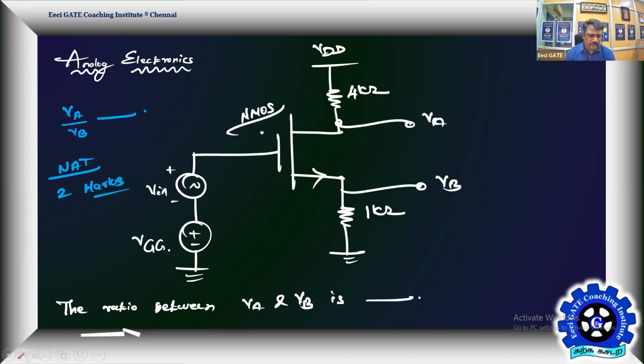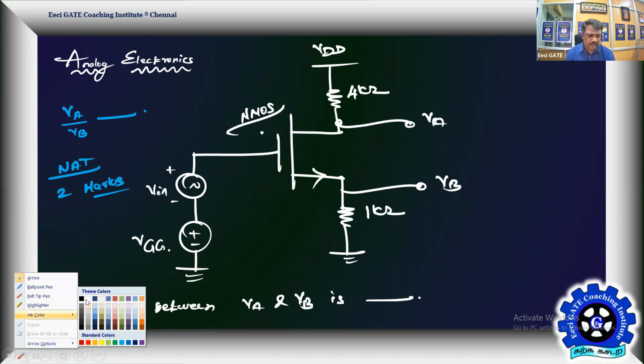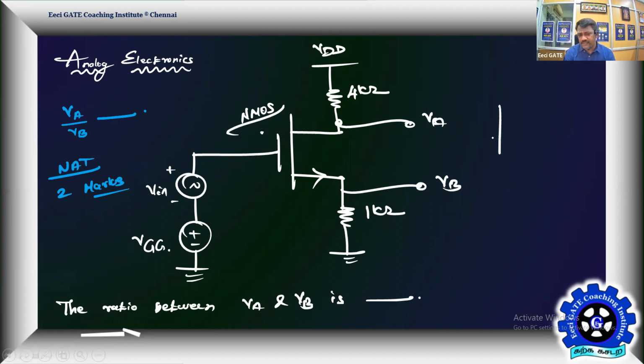Usually an NMOS will have this characteristic. Beyond the threshold it is operational and biased at some Q point, IDQ and VGSQ. Around the Q point, if you offer a small swing, it offers a small signal resistance, small rs, which is nothing but 1 by gm.